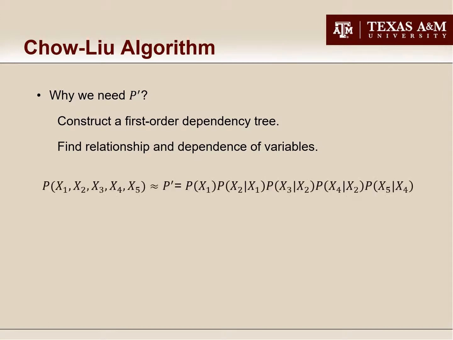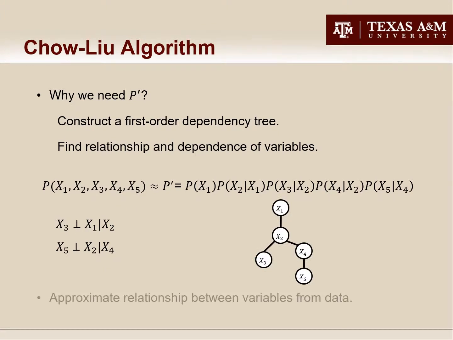For example, for the joint distribution in the previous slide, which can be approximated as P of x1, P of x2 given x1, and so on, we can find the conditional independence of the variables, like x3 is independent of x1 given x2, x5 is independent of x2 given x4, and we can also construct a first-order dependence tree like that, which can help us approximate the relationship between different variables, like relationship of parents and children.